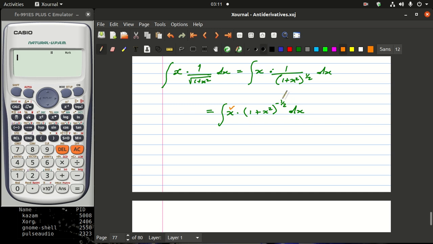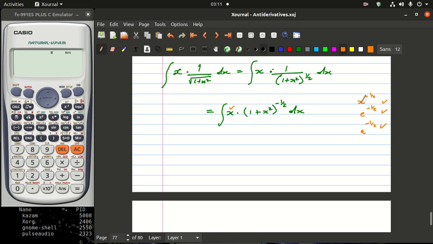Now, do I know how to take the antiderivative of this? Not a chance. The only thing that I know is that if I had an x raised to minus 1 over 2, or an e raised to minus 1 over 2, or some constant raised to minus 1 over 2, I would be able to take the antiderivative of that, because we do have antiderivatives associated with these three things.